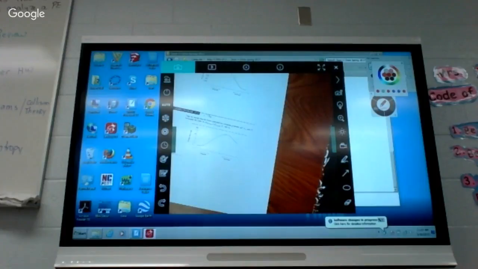You're going from here all the way up to there on the number line, negative 150, and then you're going from zero plus 100.